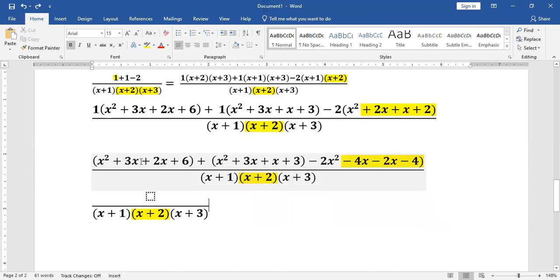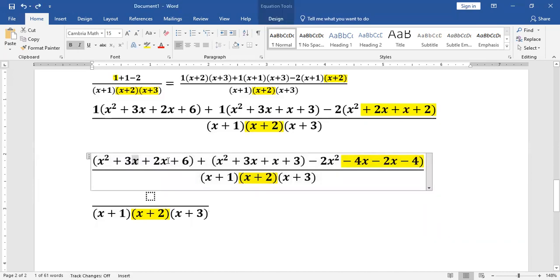Then I'm going to the x. 3x plus 2x, that's 5x. 5x plus 3x, that's 8x. 8x minus 4x, that is 4x.